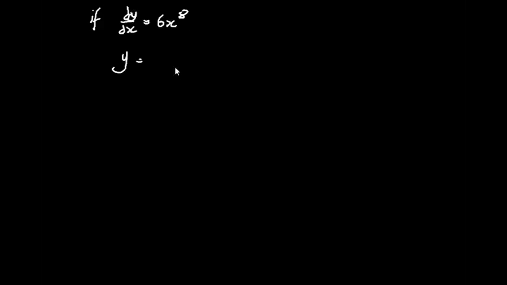So basically, just add 1 to the power and then divide by that new power. We have a 2 and a 3, so 2x to the 9 over 3.